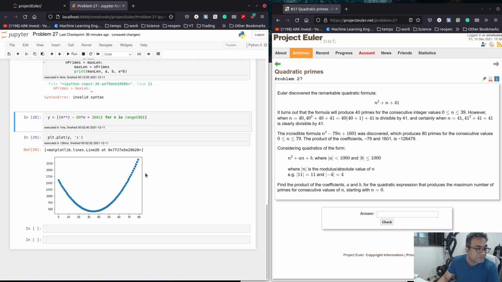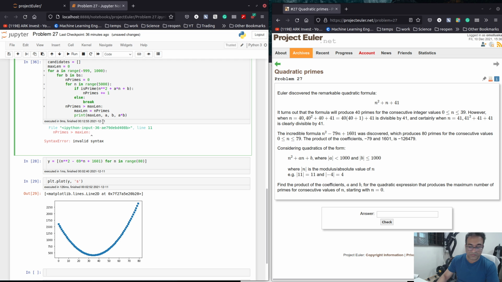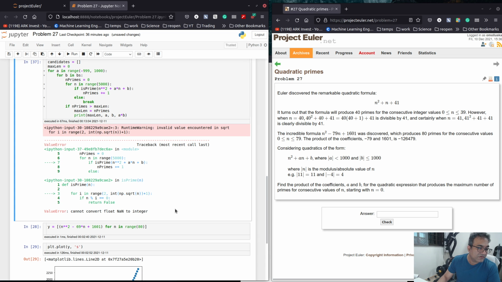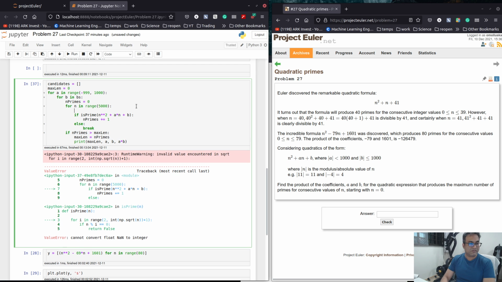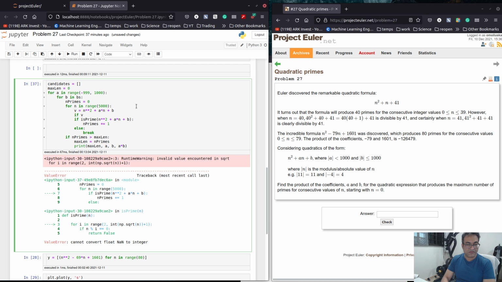Okay, so we have a problem. There should be an if condition over here. Convert float nan to an integer. Float nan. And if v is less than 1, break.